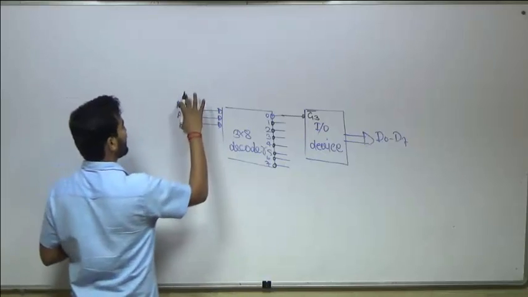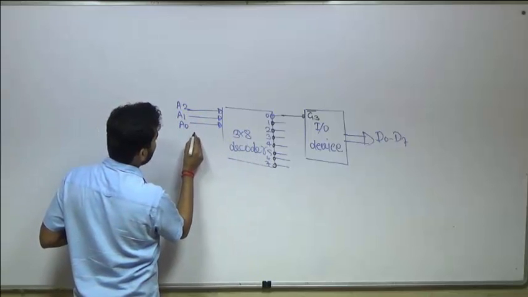These address lines are working as the input of the 3 to 8 decoder.